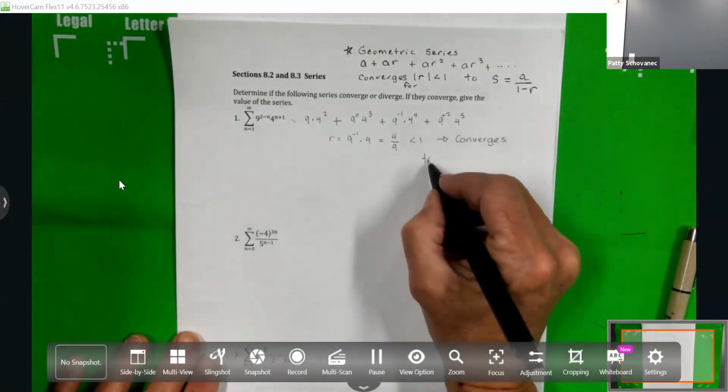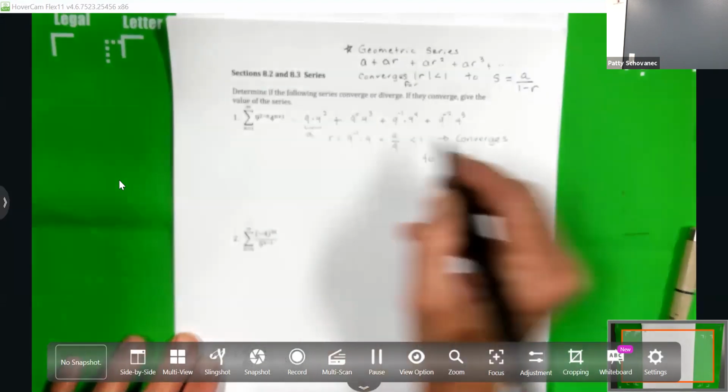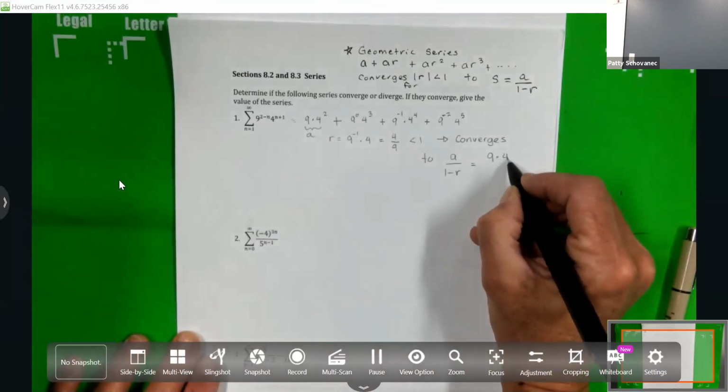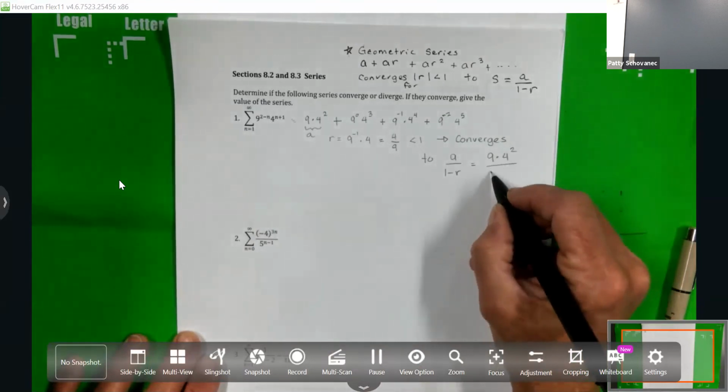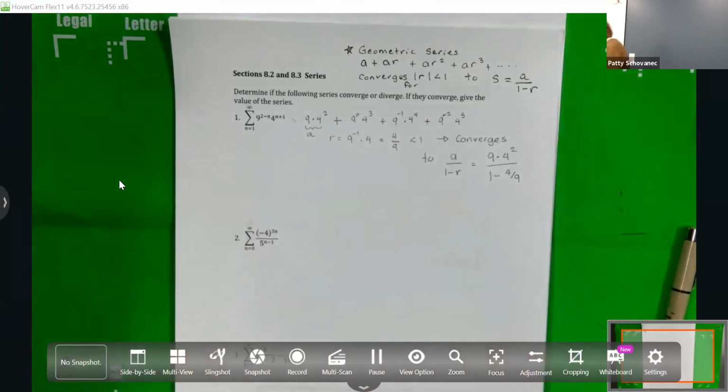and it converges to A, the first term is A, so I've got 9 times 4 squared over 1 minus R, R is 4/9. 1 minus 4/9 will give me 5/9.